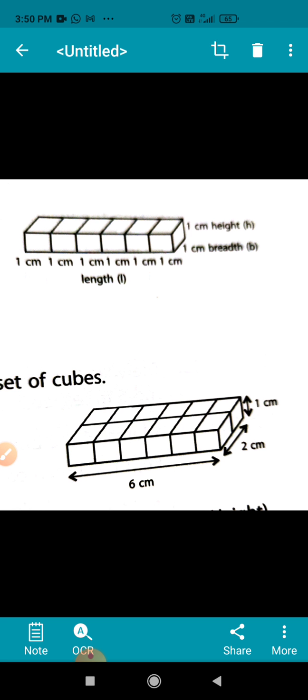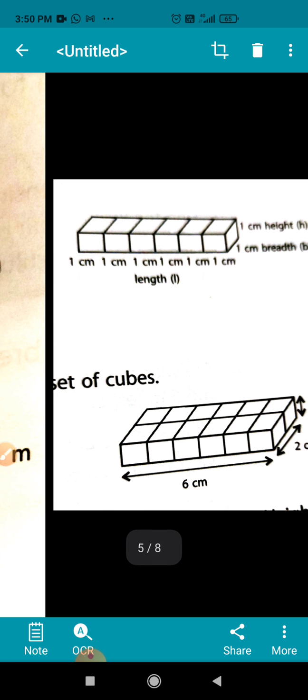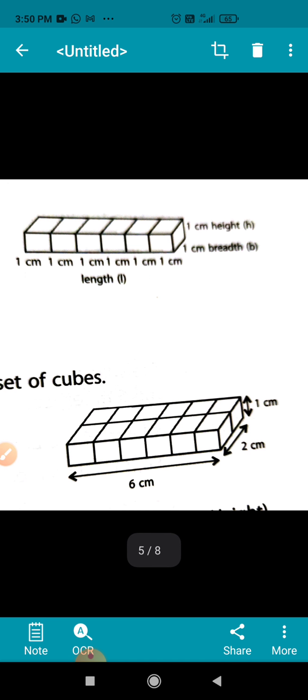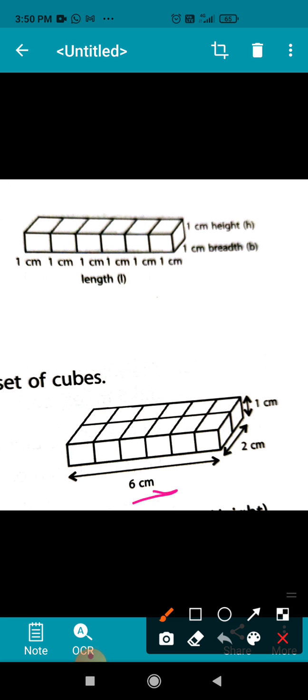So children, here the length is 6, because you have joined or added one more set of 6 cubes next to this cube. So then the breadth is changed.